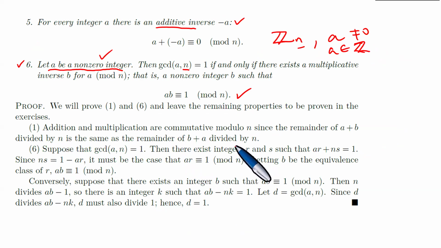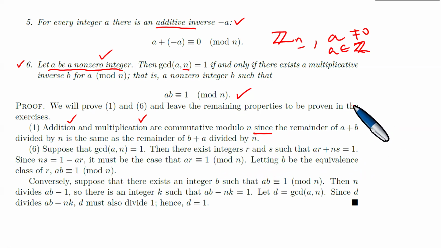Okay, look at how the author of the book proved this, because we shall be using this in the textbook exercises. But the question is, how would you prove the commutativity? This is the proof. Addition and multiplication are commutative modulo n. Why? Since the remainder of a plus b divided by n is the same as the remainder of b plus a divided by n.